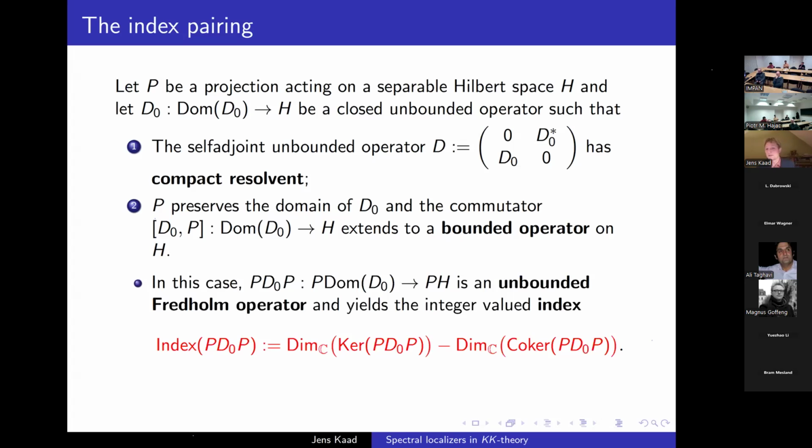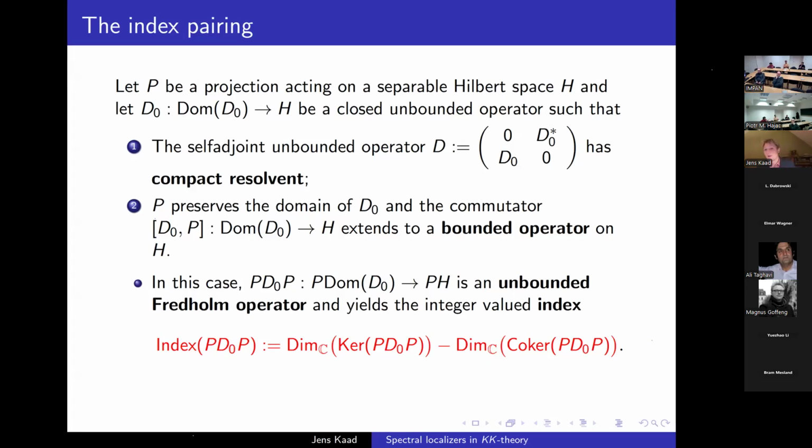But this is not just a closed unbounded operator. Actually, this is an unbounded Fredholm operator. So it has a finite dimensional kernel and co-kernel. So I can make sense of the index of this unbounded Fredholm operator. It is just the dimension of the kernel minus the dimension of the co-kernel.